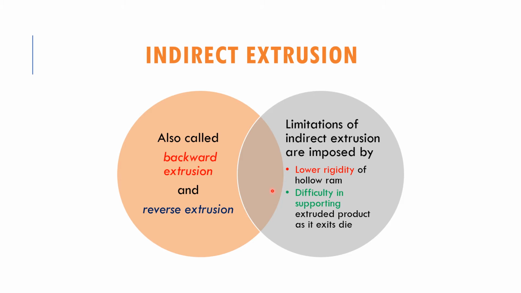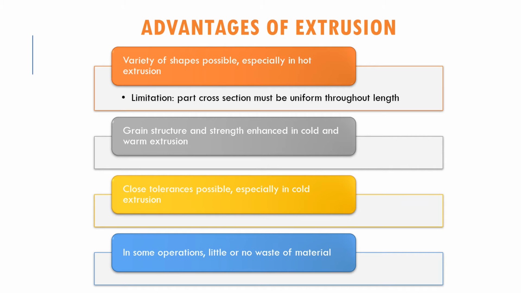That's why for indirect extrusion, the length of the workpiece is considered shorter compared to the direct extrusion. As for the advantage of extrusion, a variety of shapes is possible to be produced, especially if it is a hot extrusion.